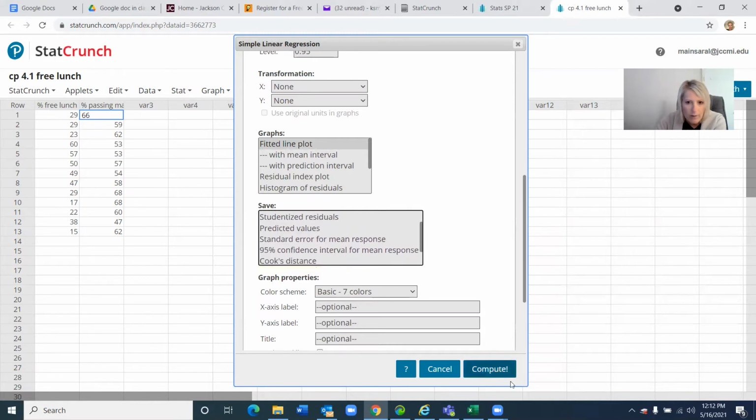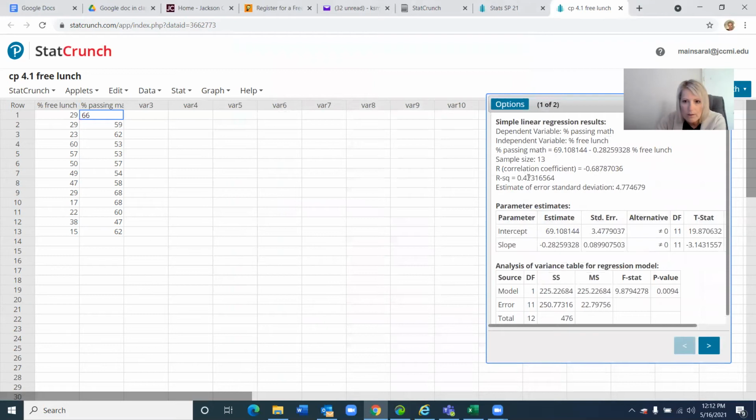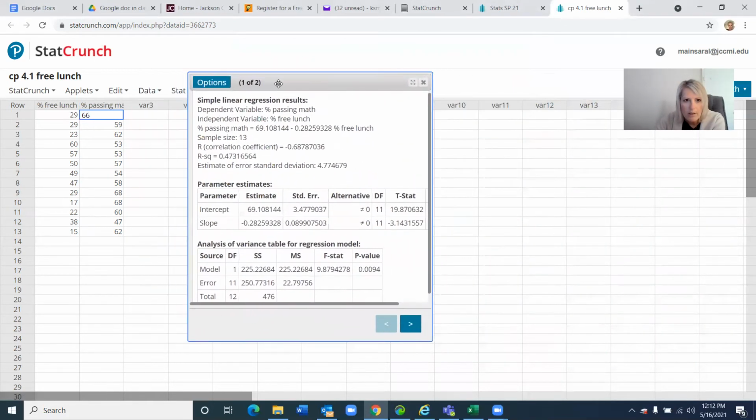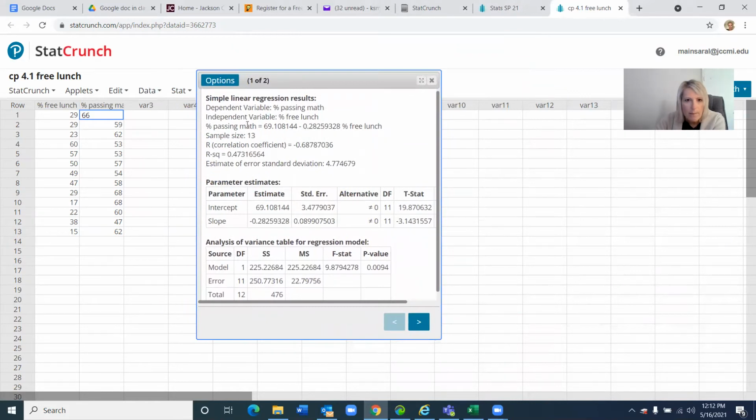It's going to give us everything that we need here. So go ahead and hit compute. And this is what it looks like. It's going to look very overwhelming. It gives us a whole bunch of stuff, and we're going to bring this all up later in 4.2, so don't worry. But right now we just want to verify here the sample size is 13.